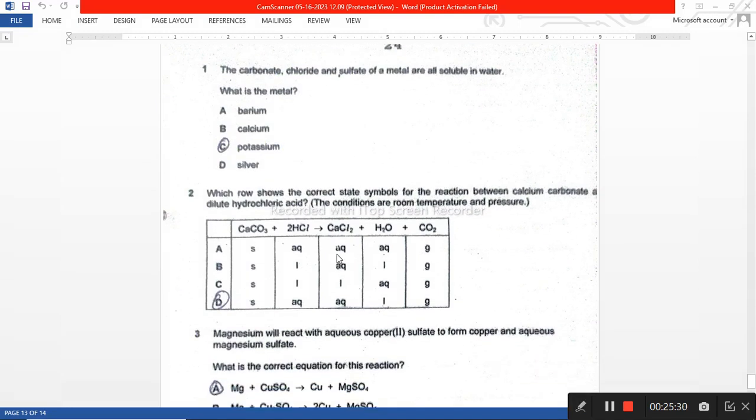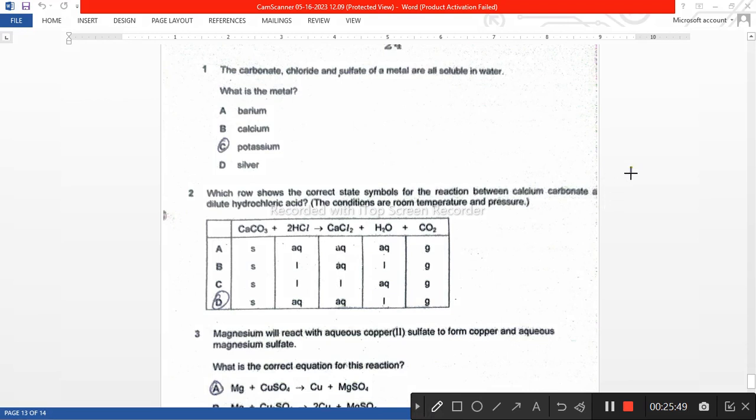Which row shows the correct state symbols for the reaction between calcium carbonate and dilute hydrochloric acid? The conditions are room temperature and pressure. Calcium carbonate, because we have studied that all the carbonates are insoluble except group 1 and group 2.